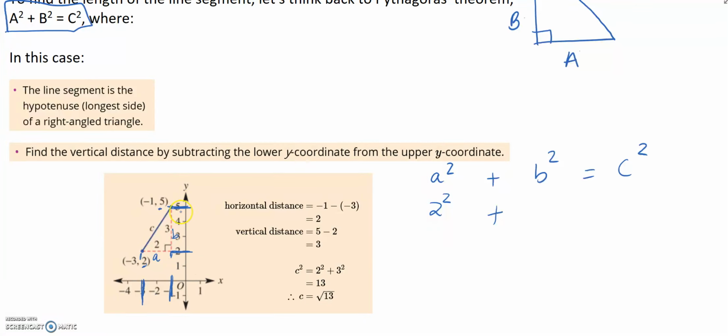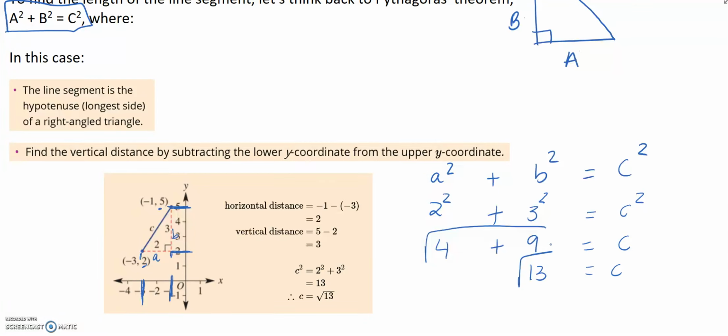What's the distance from there to there? That's 1, 2, 3. Okay, so that gives us 3 squared, and that'll give you the value for c squared. 2 squared is 4, plus 3 squared is 9, and if you find the square root of that, that'll give us c. So therefore, c is 9 plus 4 is 13, square root of 13.